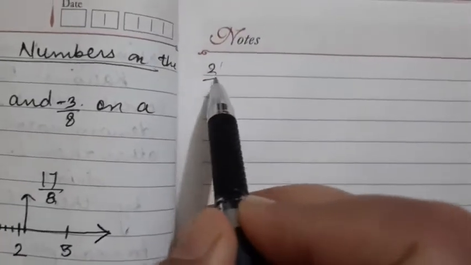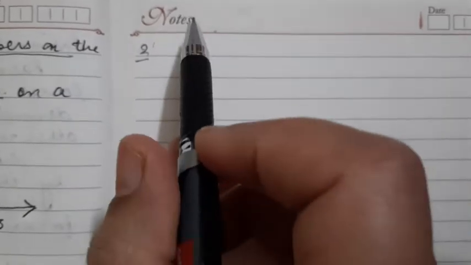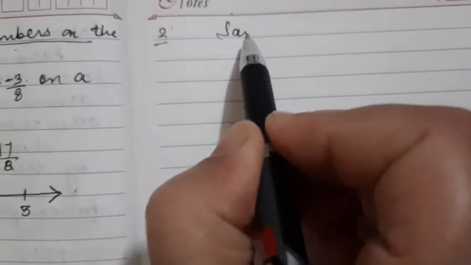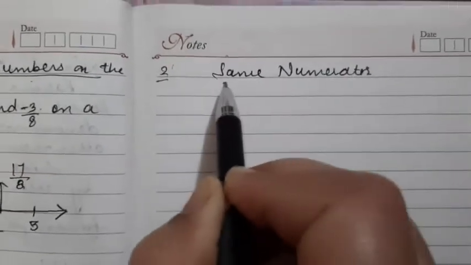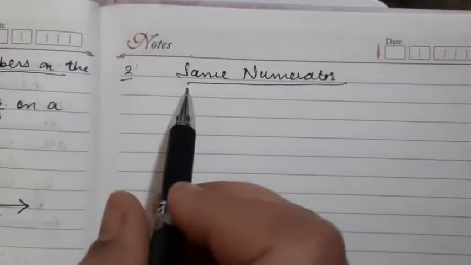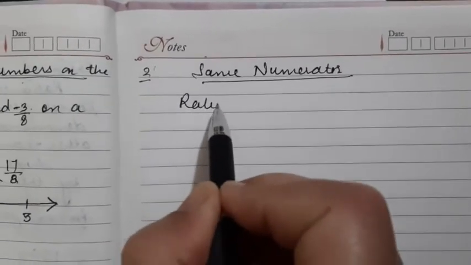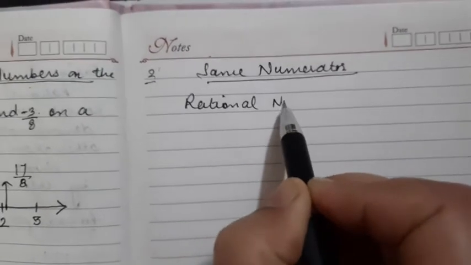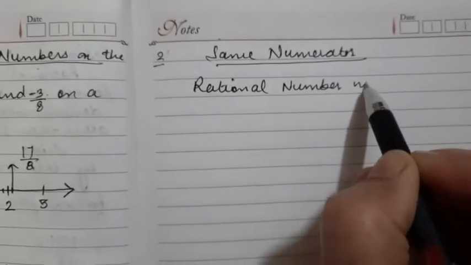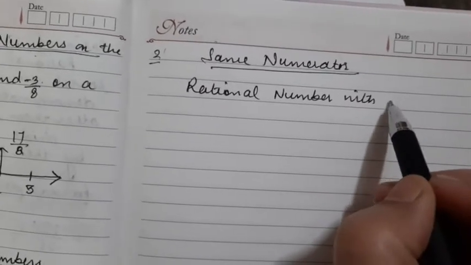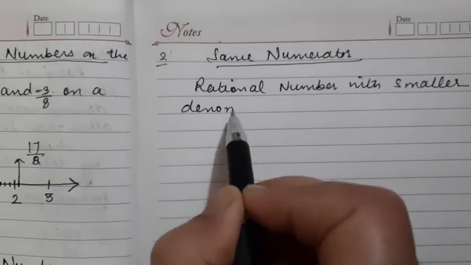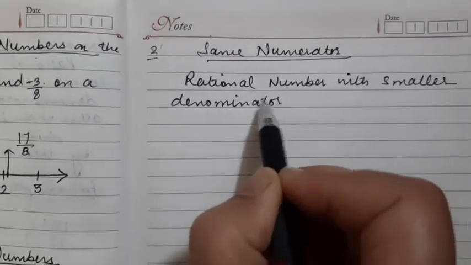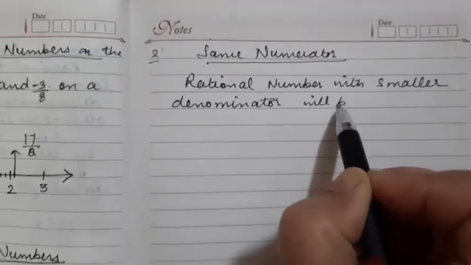Then second, comparison of rational numbers with same numerator. When numerator is same, rational number with smaller denominator will be greater.